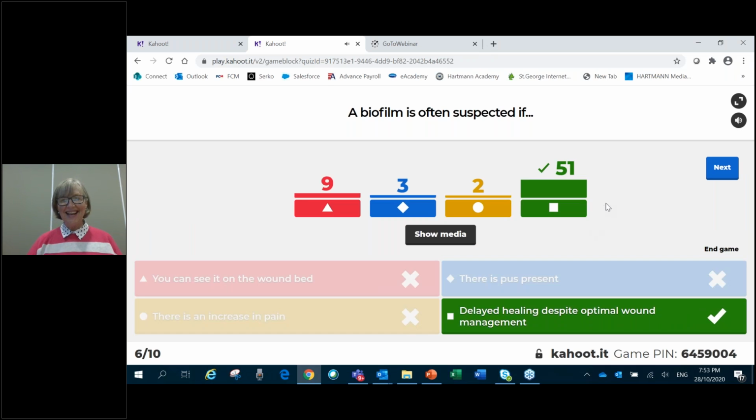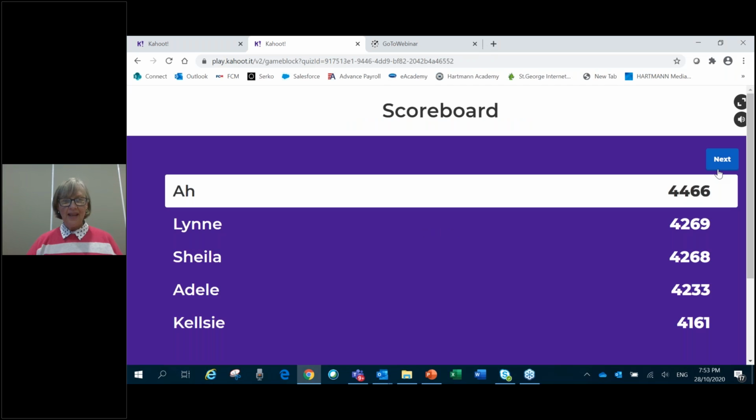Yay! Well done. That's right. Delayed healing despite optimal wound management will indicate that there could be a biofilm present on the surface of the wound. Terrific. How did we go? Is R still on top? And you are. Well done.